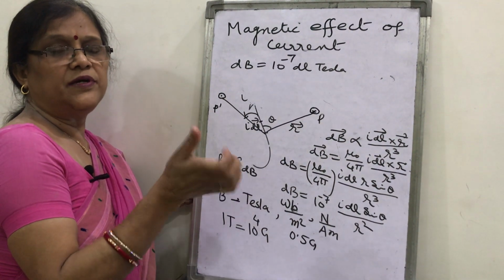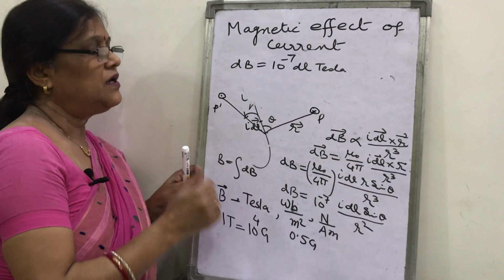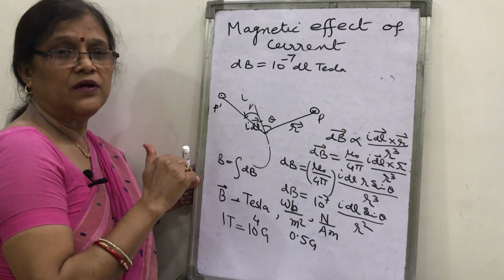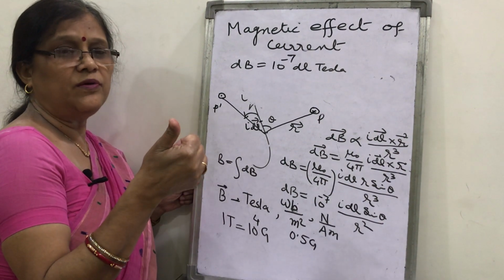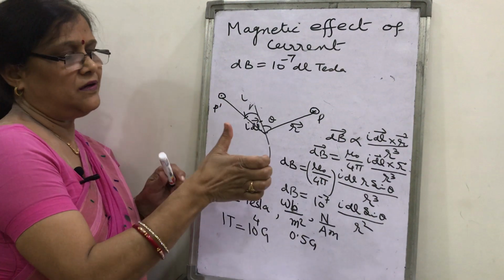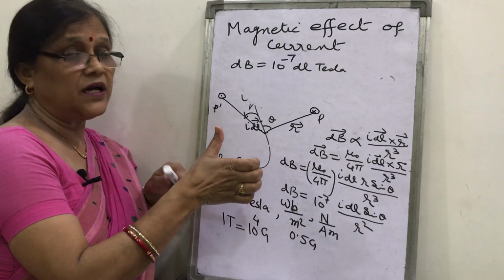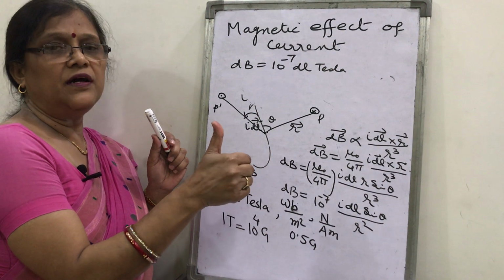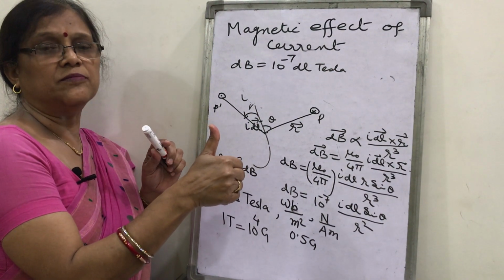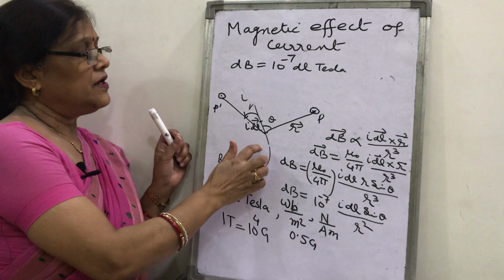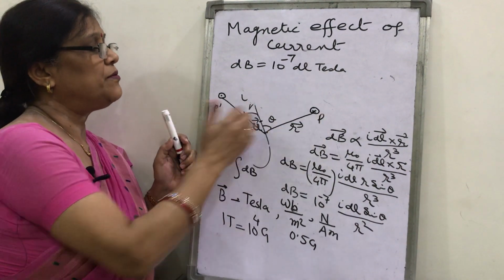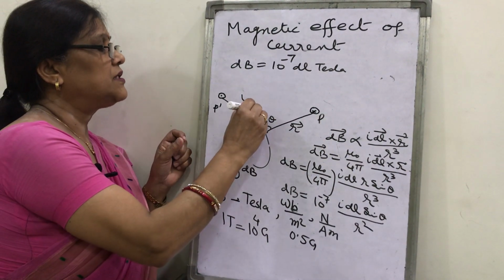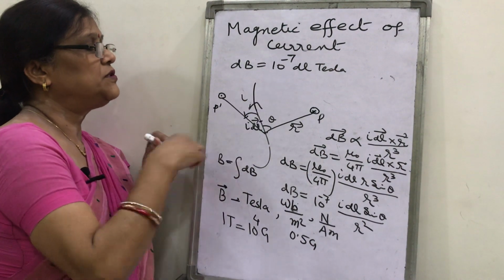Another way to determine the direction of magnetic field is the thumb rule. Again, the right hand thumb rule. The thumb tells the direction of electric current in a conductor, and the fingers curl around the thumb. Suppose at point P, this is the direction of current, as shown here.